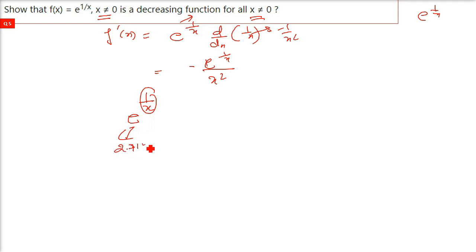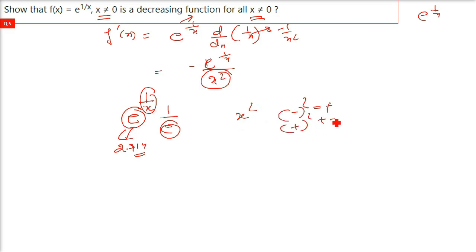So e raised to 1 by x, and in the previous discussion also I told you e is a constant number. So whatever you put in x except 0, it will always be a positive constant value. So there will be no negative at all that you can get from e raised to 1 by x, other than 0, put anything. How about x square? You put minus or plus, square will always be positive.